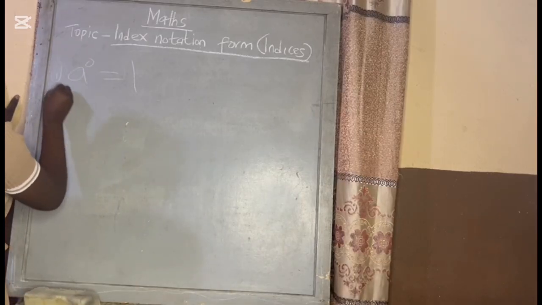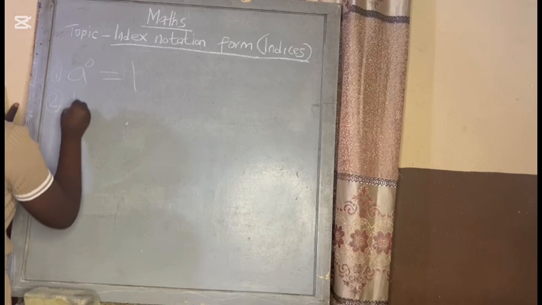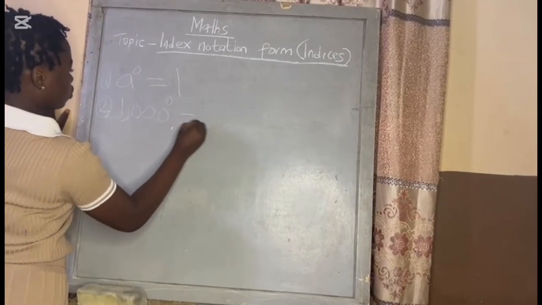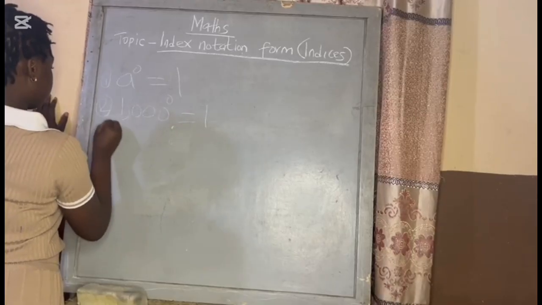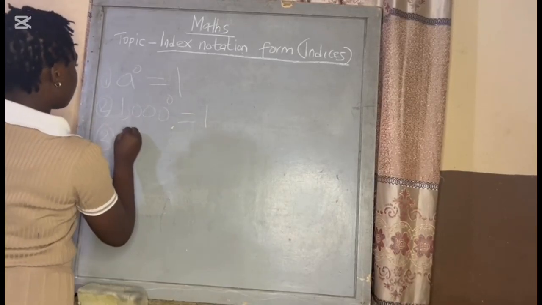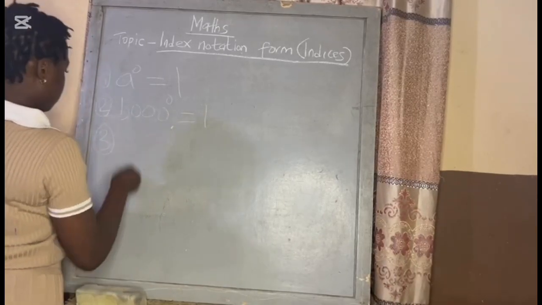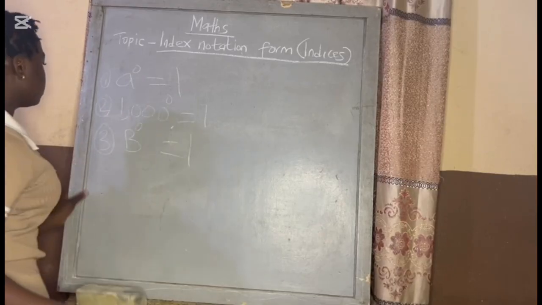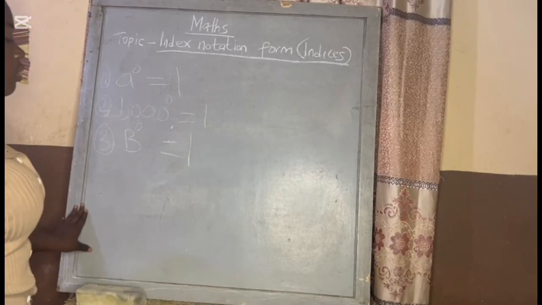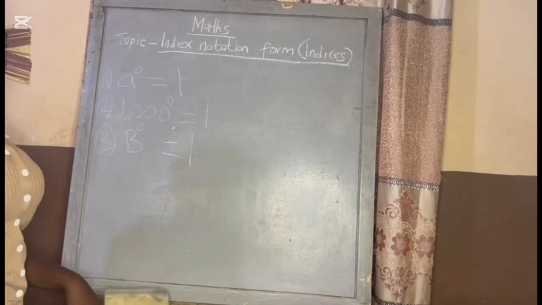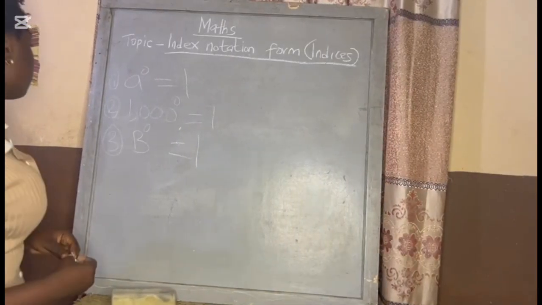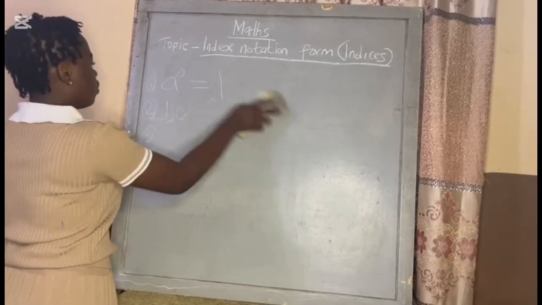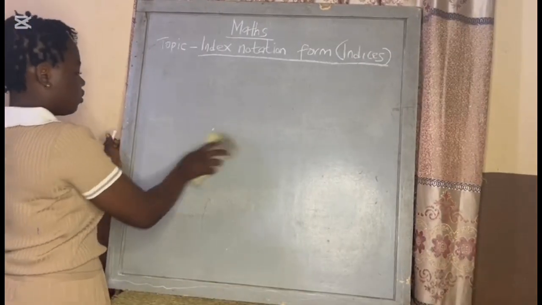Example 2, 1000 raised to power 0 is equal to 1. Example 3, b raised to power 0 is equal to 1. Anything raised to power 0 is equal to 1. 1 million raised to power 0 is also equal to 1. So we move on to the fifth law.